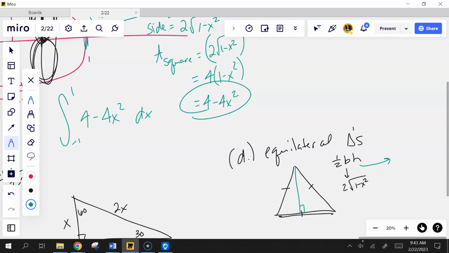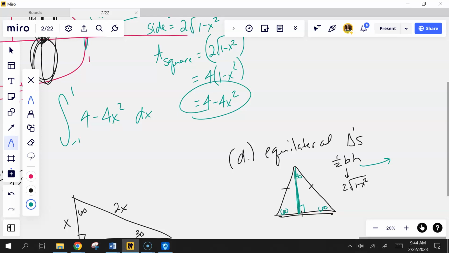What are the degrees of the angles in an equilateral triangle? Is it 60? Yes, it's 2, 30, 60, 90 triangles. So this is 60. This would be 30, right?